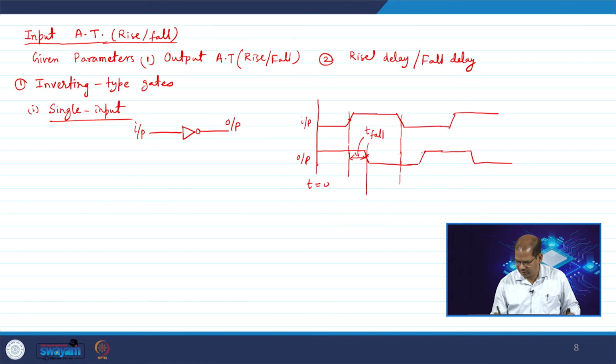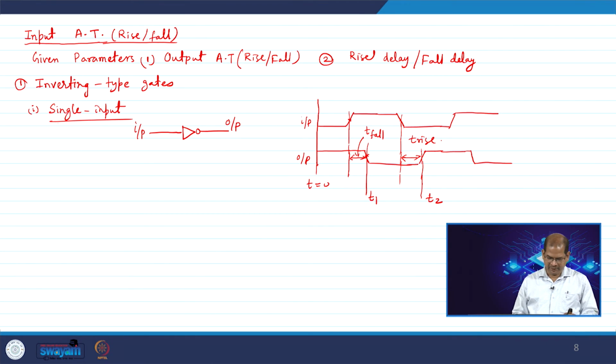This is my output rise arrival time, and this delay is your T rise. Now, what is given to me? Let us say T1 is given to me and T2 is given to me, because this corresponds to my output T1 and T2, and I know the rise and fall delay. So, from this I can find it out.